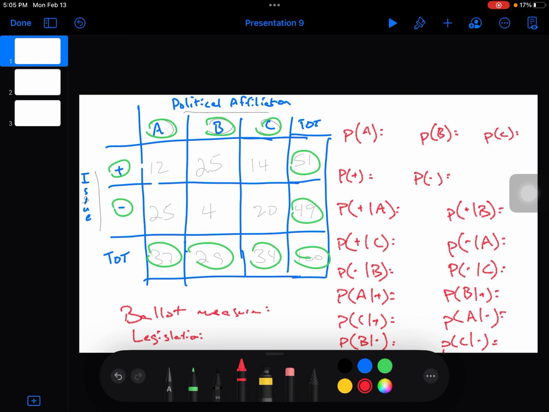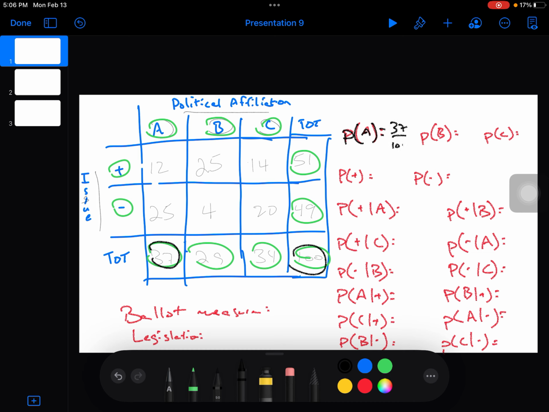Imagine if Party A dominated the political spectrum, then this issue would probably not pass if Party A alone were to vote on it. The probability of a randomly selected person being affiliated with Party A, P of A, is 37 over 100.